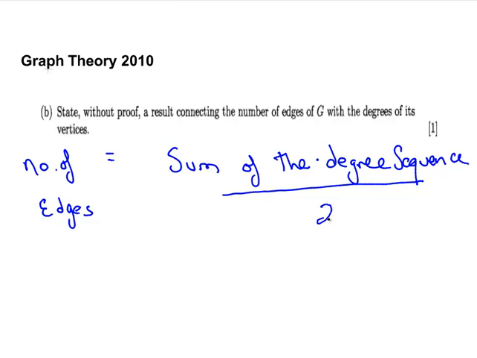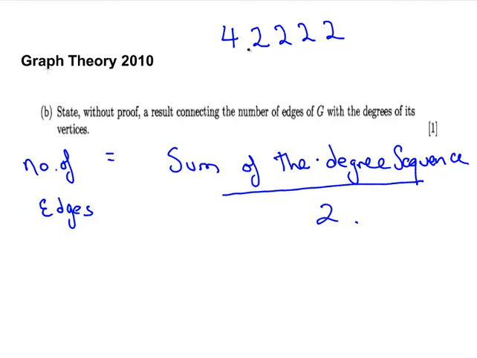divided by 2. Okay, so if there is a degree sequence of 4, 2, 2, 2, and one more 2, let's say. Suppose that is your degree sequence.